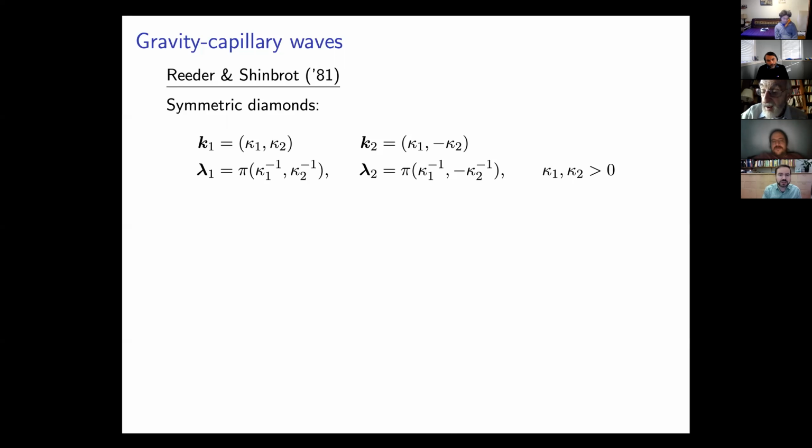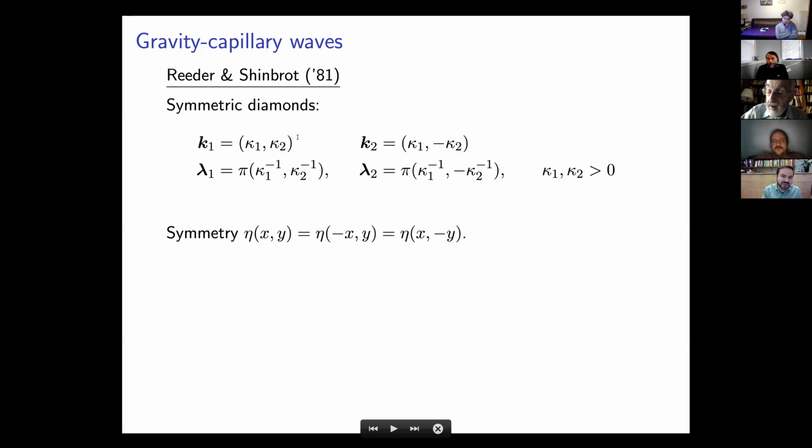They constructed symmetric diamond waves, corresponding to the lattice I showed you before, where you have reflection symmetry in the K1 axis. And you also assume, if you have the symmetry of the fundamental domain, symmetry of the surface, so symmetry in both X and Y.